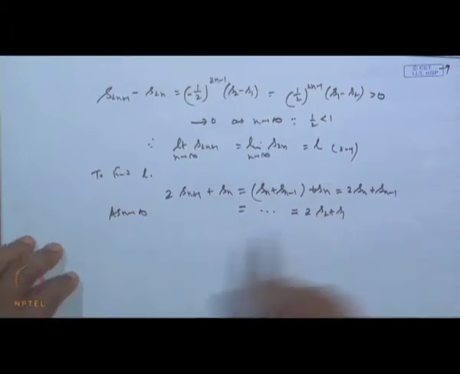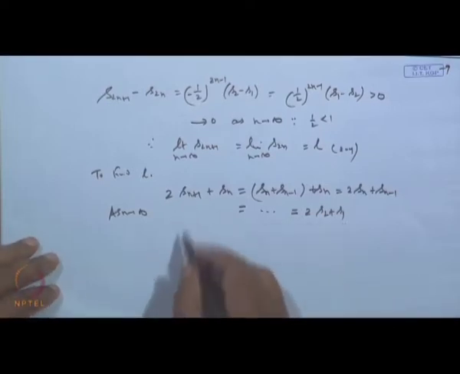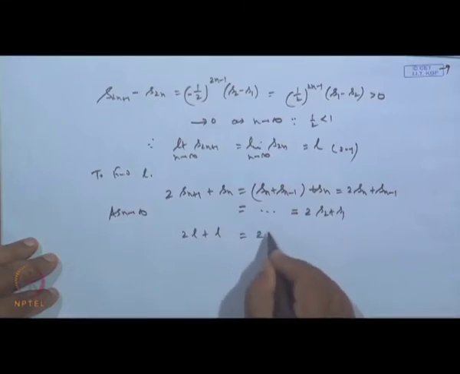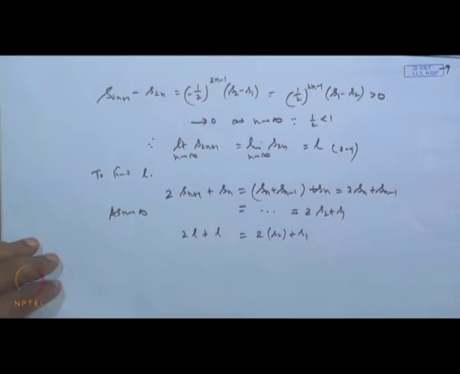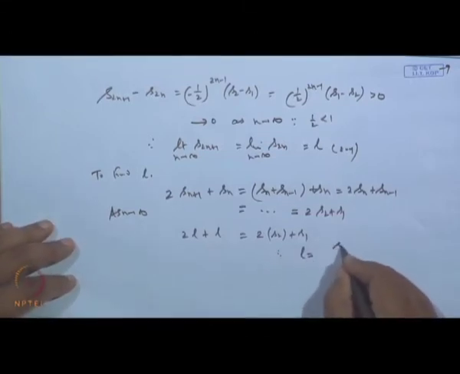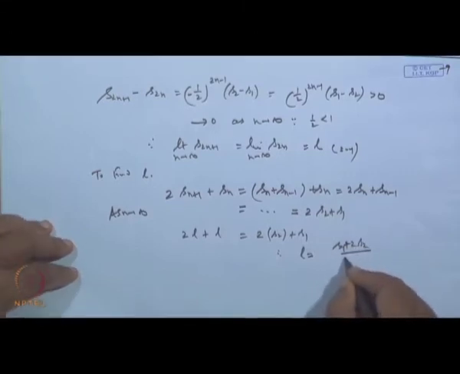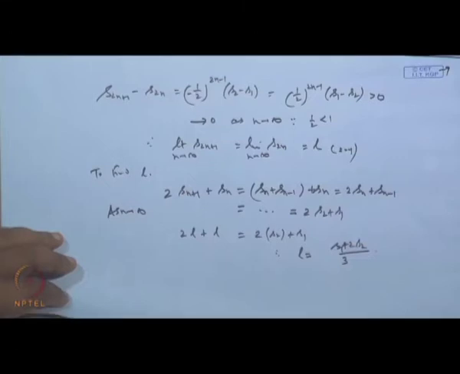So, as n tends to infinity, this will give 3 L equal to 2 S 2 plus S 1. Therefore, L becomes S 1 plus 2 S 2 by 3, and that is the answer for it.